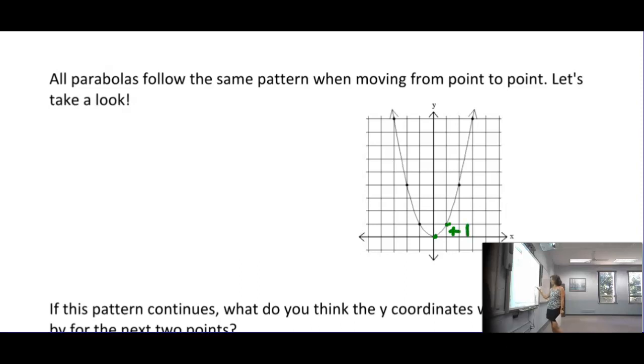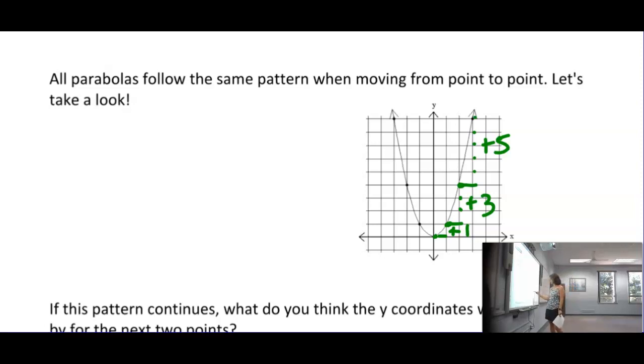And then from here to here, it is over 1, and up 1, 2, 3, so this is plus 3 from this point to this second point. And then going to the next point, it will be over 1 and up 1, 2, 3, 4, 5, plus 5. So this pattern continues on both sides.